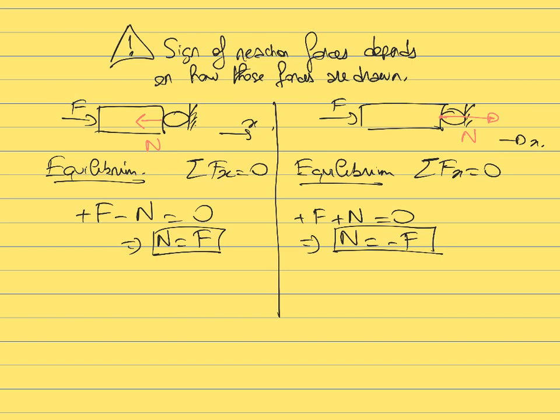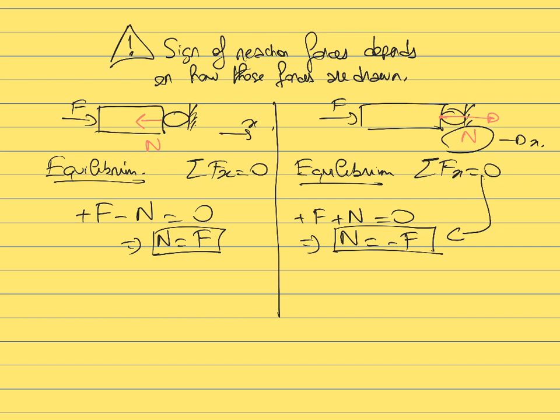That being said, this result here is fine as long as you define N, as long as you draw and define N as going towards the right, and then you find that this reaction is indeed negative, so that it should actually not be going towards the right but going towards the left, then your result is self-consistent.